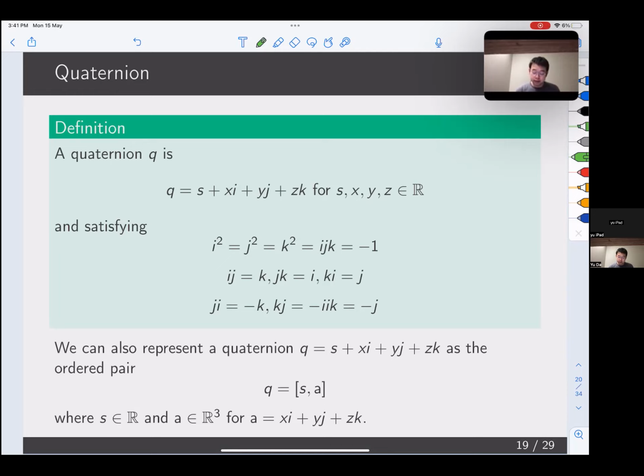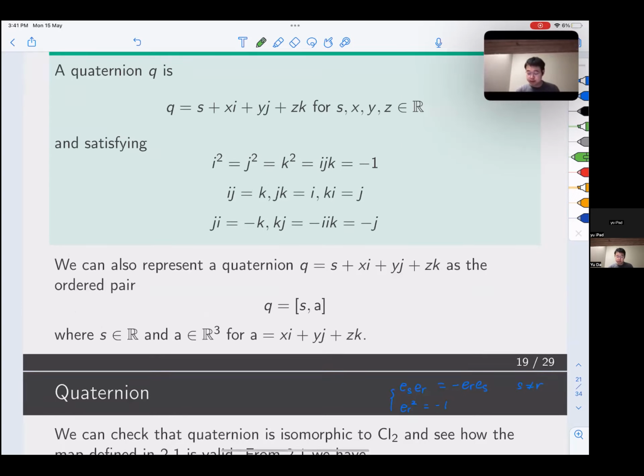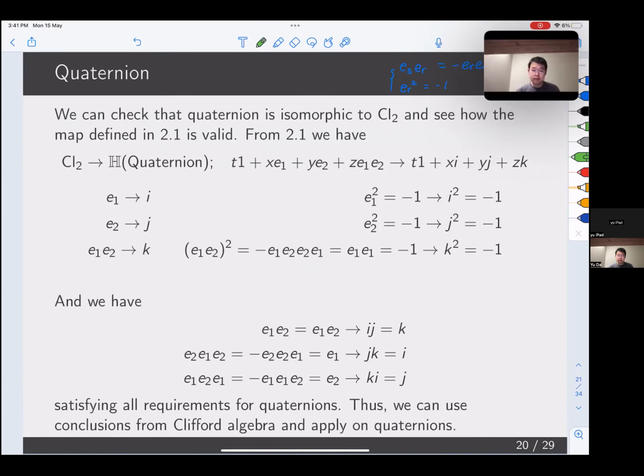We can also represent a quaternion as an ordered pair of s in R and a in R3. We just want to check that the quaternions are actually isomorphic to the even Clifford algebra and satisfy all the requirements.